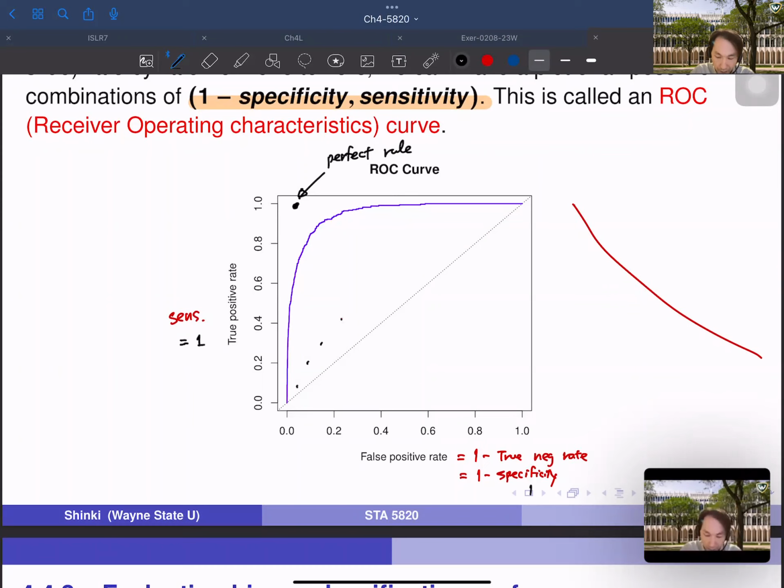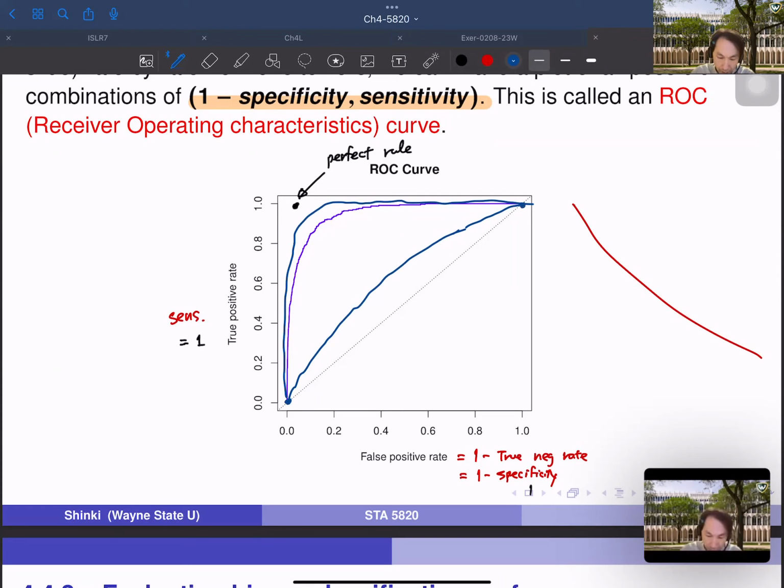Possibly, we have maybe this kind of curve. It's even worse. Maybe I should say a blue one. If the classification is better, maybe like this. And the perfect case, we just have this point and this point and this point.